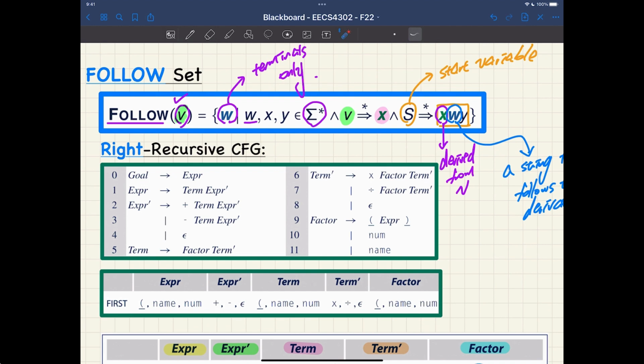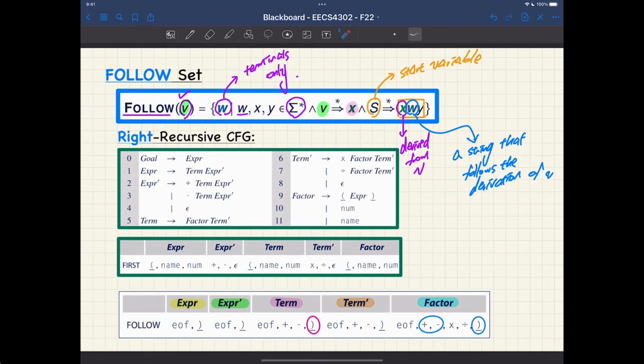All right? And let's have some intuition over here. Okay? I already got answers about the follow over here. We can go over a few of them just to get some intuition, and then we'll see how the algorithm should work. But before that, we're going to do a little bit of preparation. Whenever you want to calculate a follow, there will be a very important assumption. We're assuming that you have already calculated the first set.